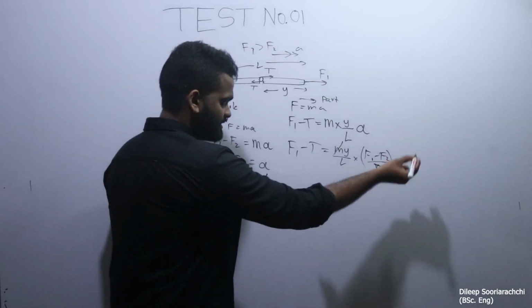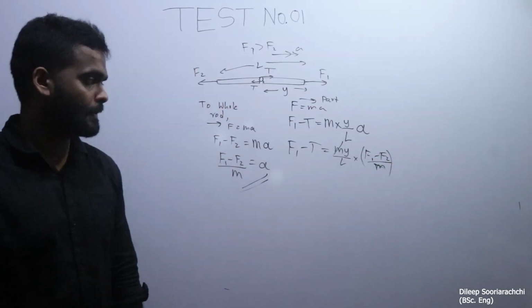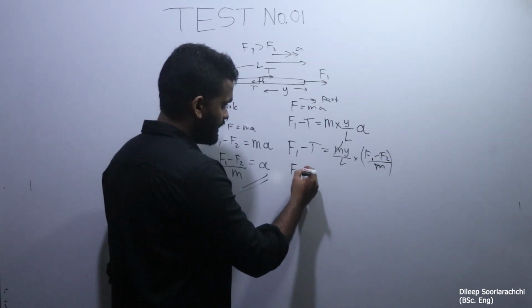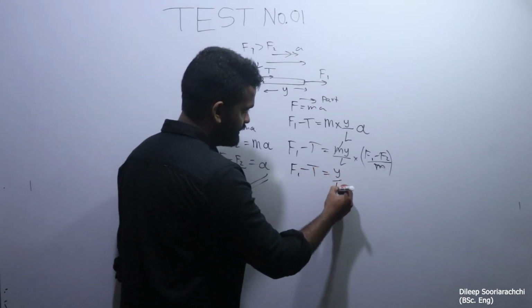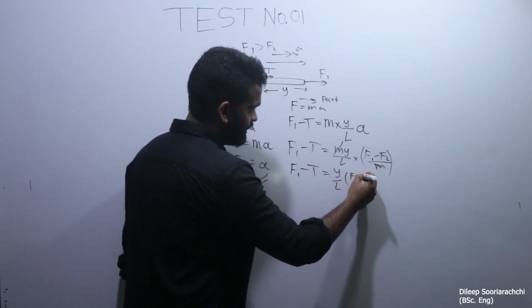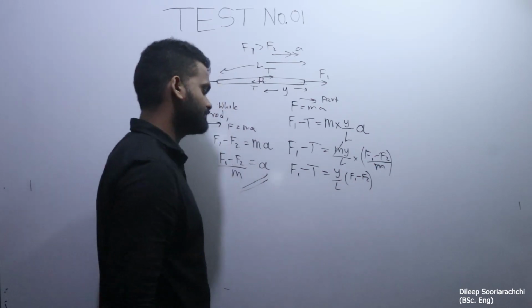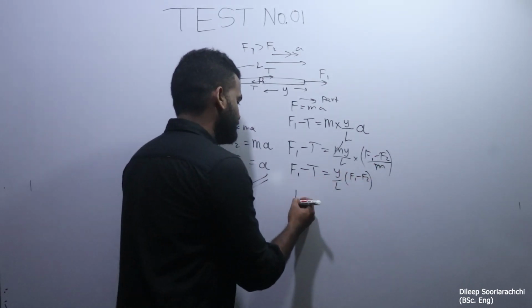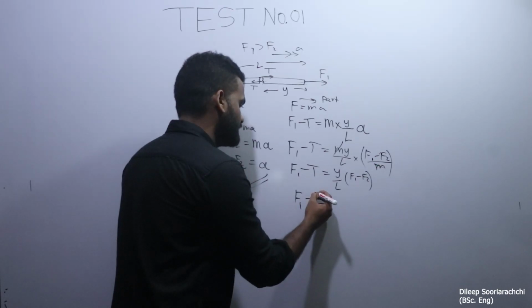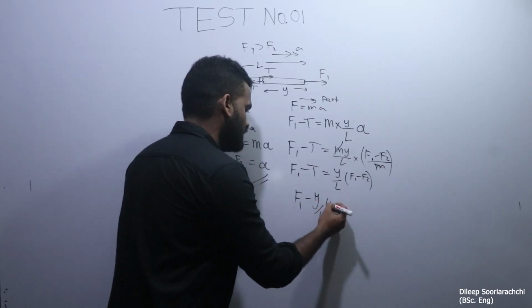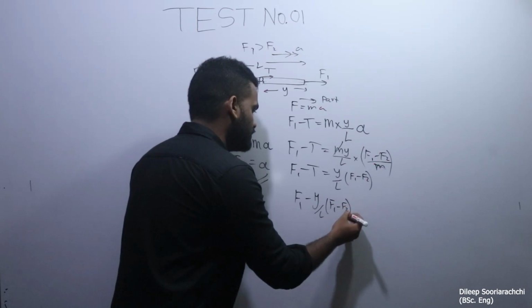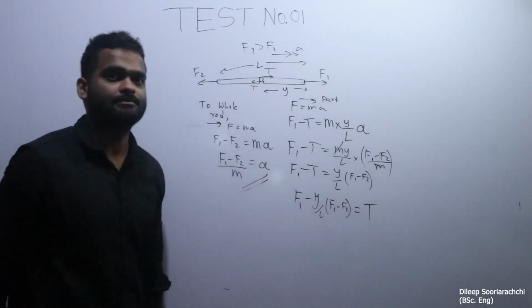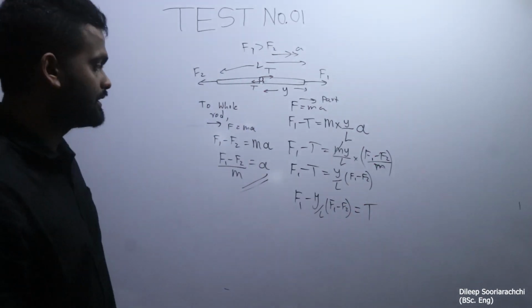Then this simple m and this simple m cancel off. Then F1 minus T equals y divided by L times F1 minus F2. Then I am making capital T the subject: F1 minus y over L times F1 minus F2 is equal to capital T.